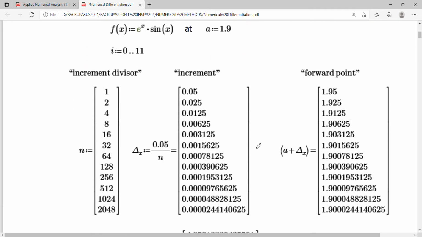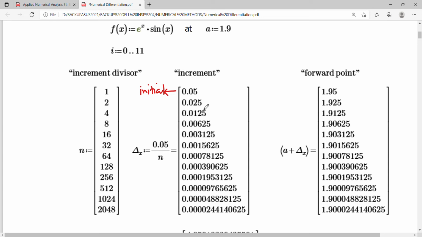approximations wherein I change my increment, initially set to 0.05. So this is the initial value, and then I made use of a divisor that will reduce the increment into half its previous value.